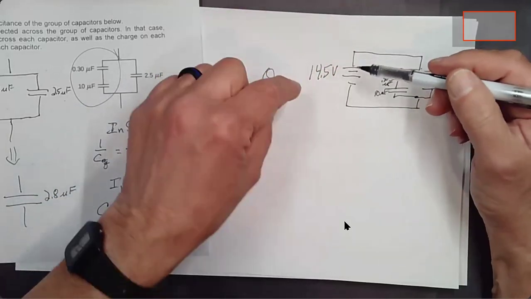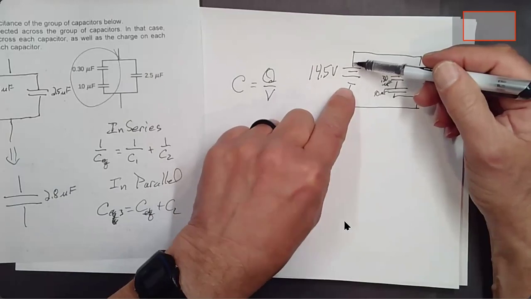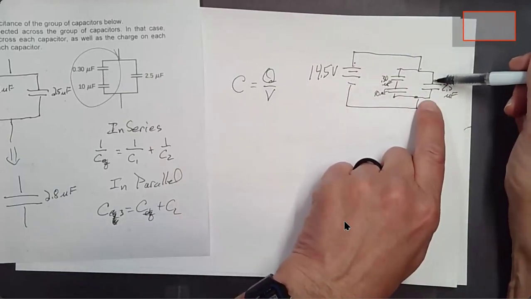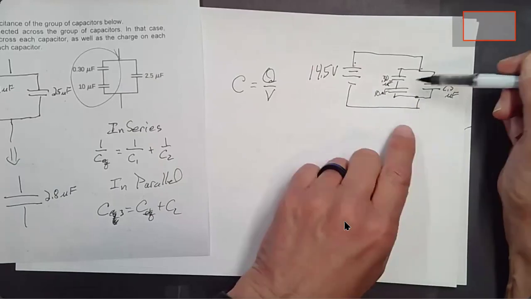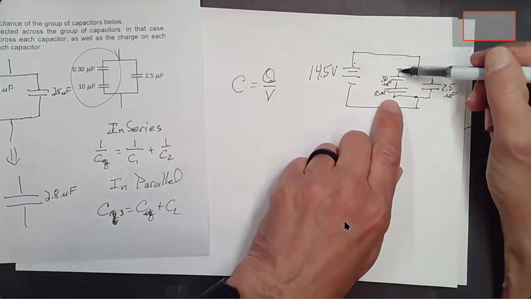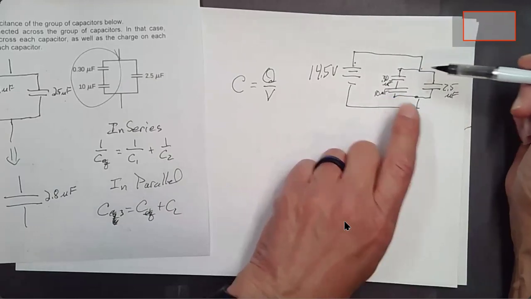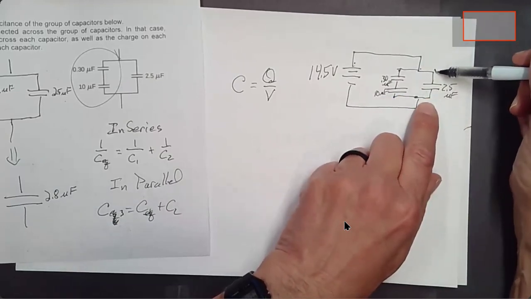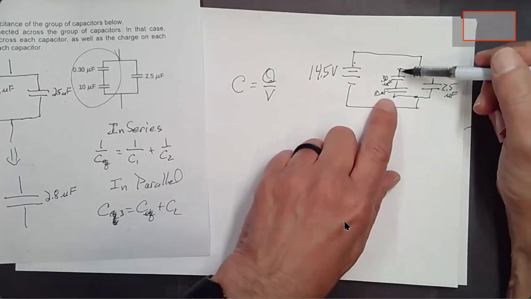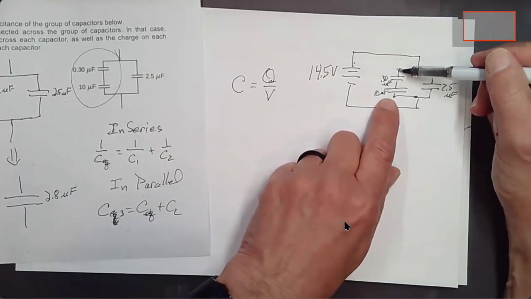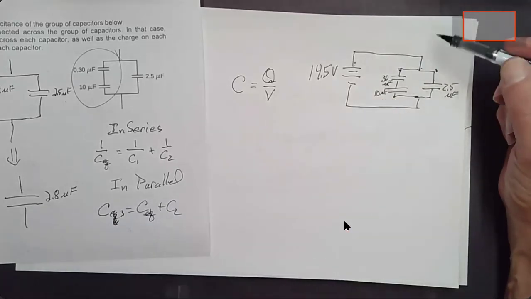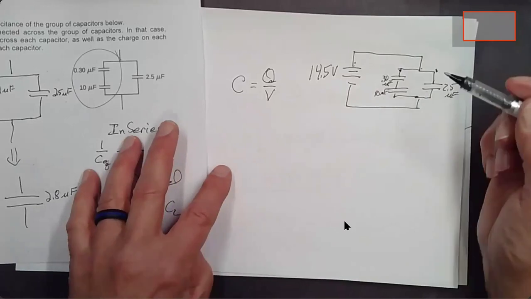You could stick a voltmeter here and get 14.5 volts, here and get 14.5 volts. Now, that tells us the potential difference across this capacitor, but it won't tell us the potential difference across these two. We have to do a little bit of work to figure that out. But I think we can probably do that.